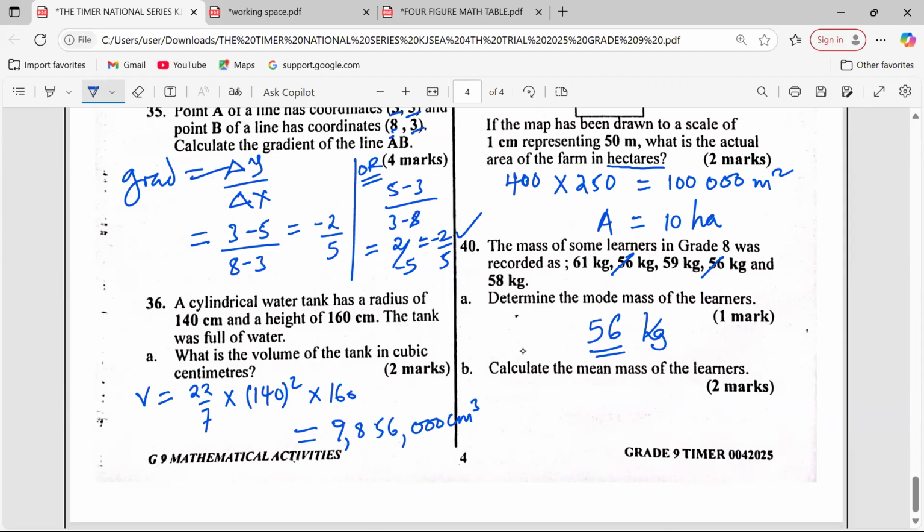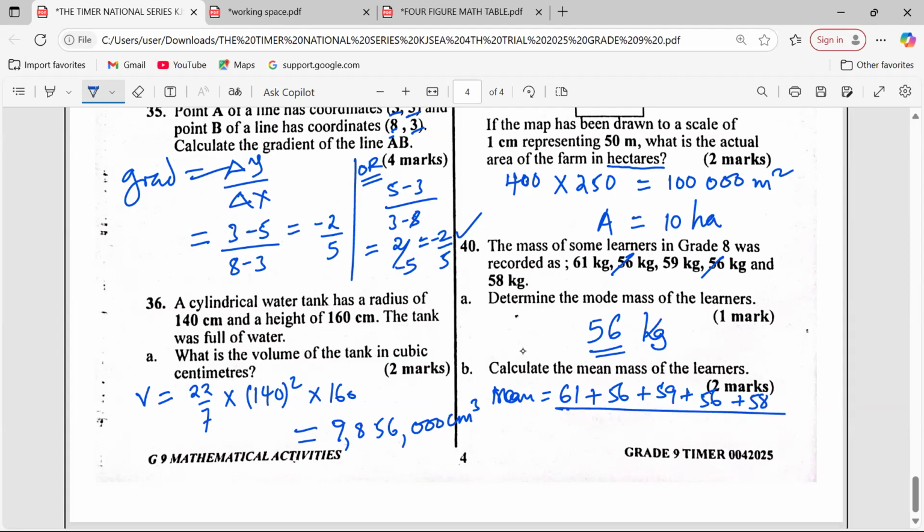Calculate the mean mass of the learners. Mean is usually the total mass out of the number of learners. Total mass shall be, we take 61, we add 56, we add 59, we add 56 again, we add 58.